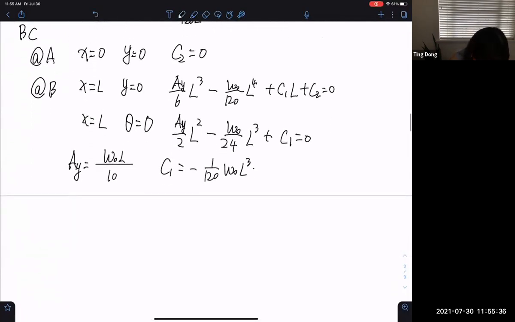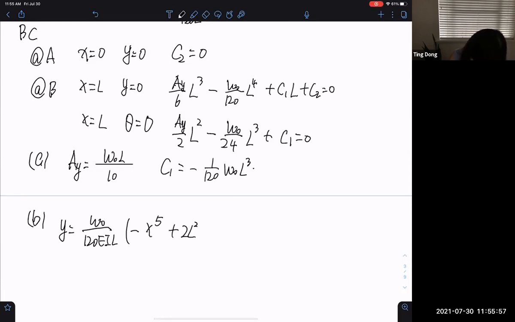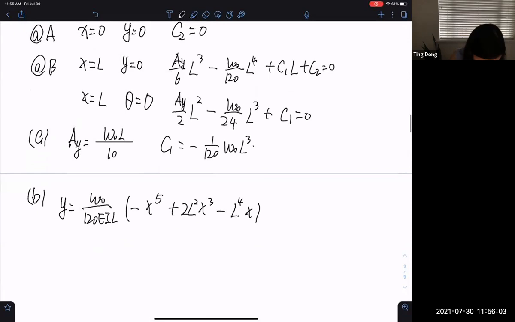Let me write this. So this is for answer A. For B, y is equal to 1 over 120 EIL, 2L squared x cubed. So this is the deflection curve.